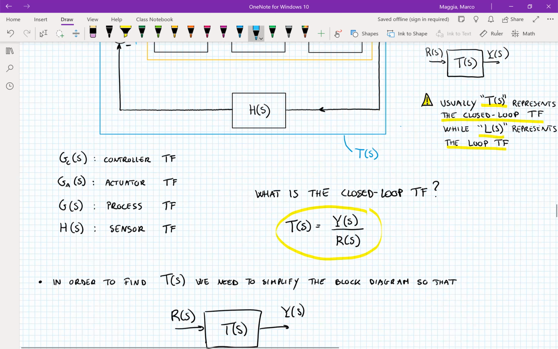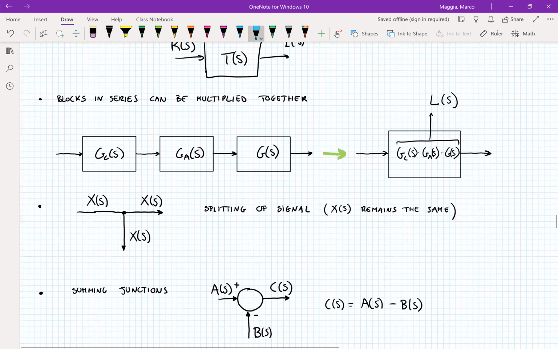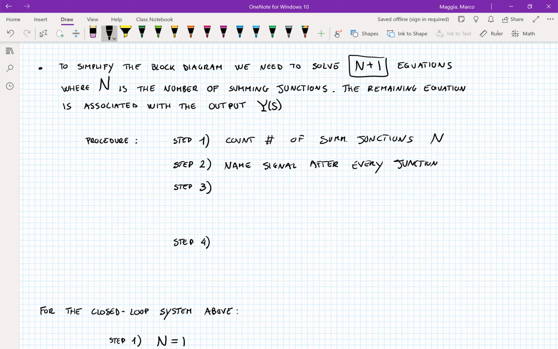So in this case, E of S. And now we're ready to find the equations. So how do you find the equations? It's easier to do it than to describe it, but let me just try to describe it.